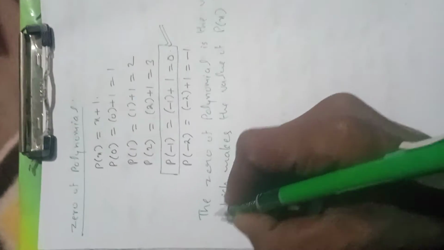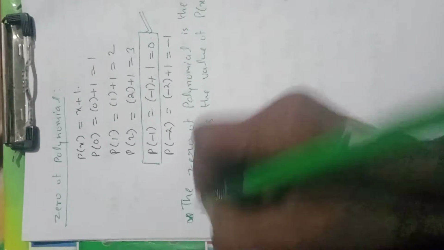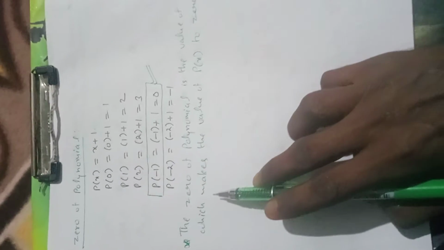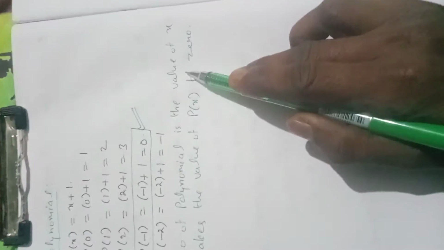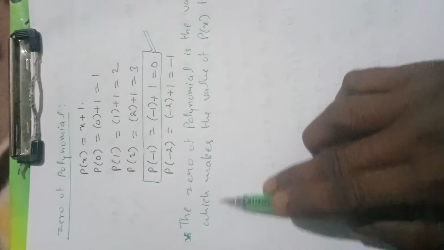Here you need to consider that the value 0 comes only when x equal to minus 1. You need to remember what is meant by the zero of the polynomial. So let me explain one more time. The zero of the polynomial is the value of x which makes the value of p of x equal to 0.